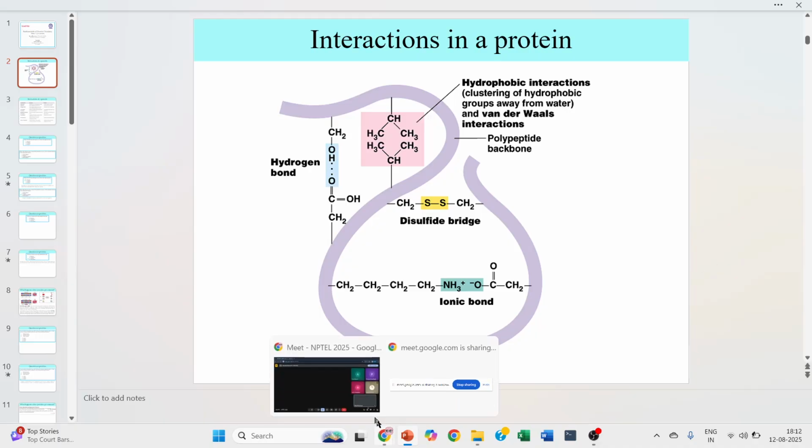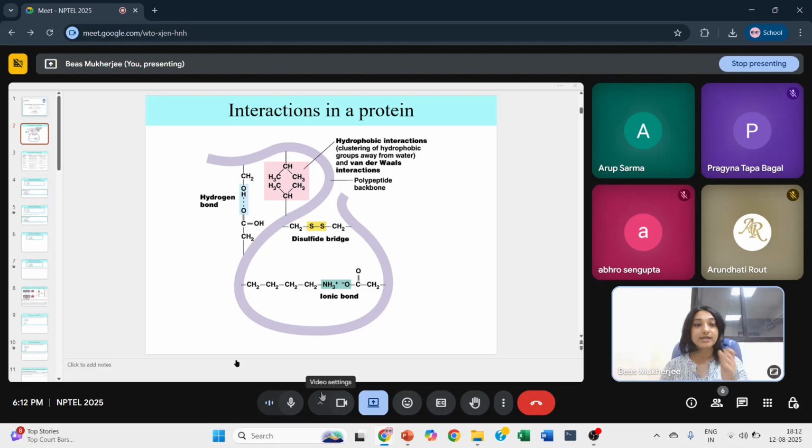In the first class, we had talked about amino acids. In the second week, we had talked about how these amino acids come together to make proteins and how these proteins fold into their native secondary and tertiary structures. So now let's go back there once again. There are very important interactions in the 3D structure of a protein that make the protein functional.